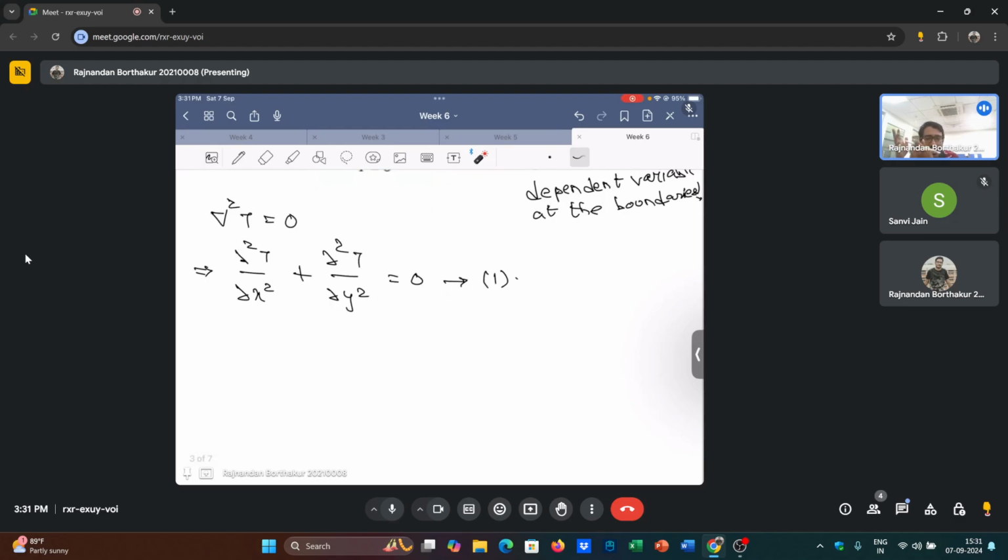But fundamentally, if I give you a partial differential equation of this form, which is a PDE, second order, in X and Y, then in order to have a full solution of this PDE, how many boundary conditions do we require? Yes, a try. It's 4, right?